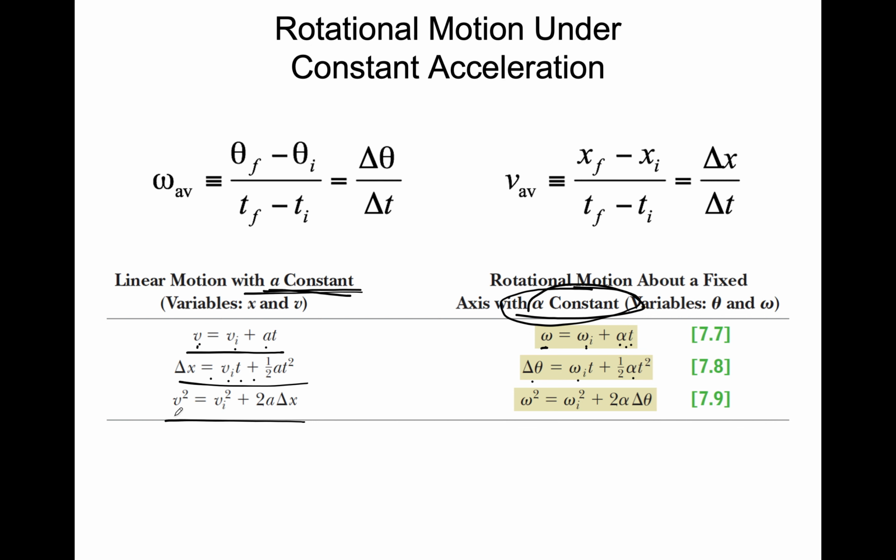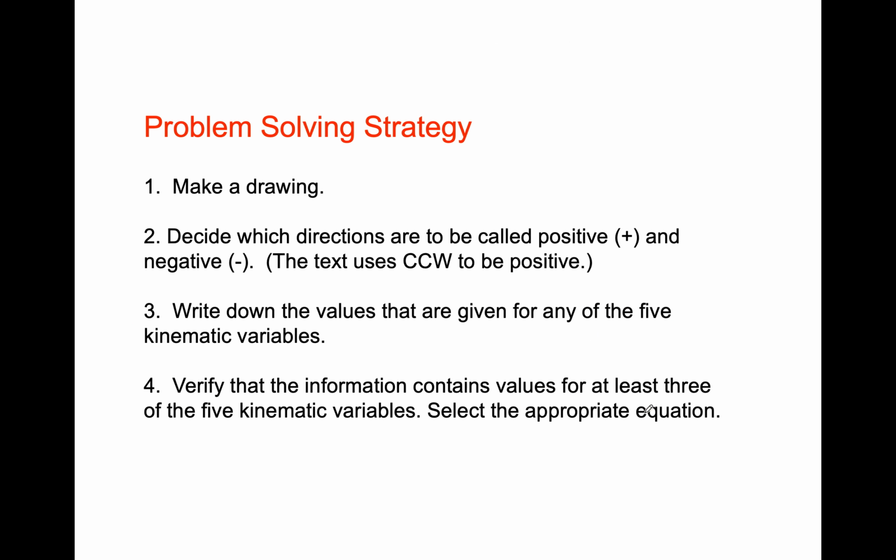Now the third equation: final velocity squared equals initial velocity squared plus 2 times acceleration times displacement. In angular motion with constant angular acceleration, we have final angular velocity squared equals initial angular velocity squared plus 2 times angular acceleration times angular displacement. That's 4.